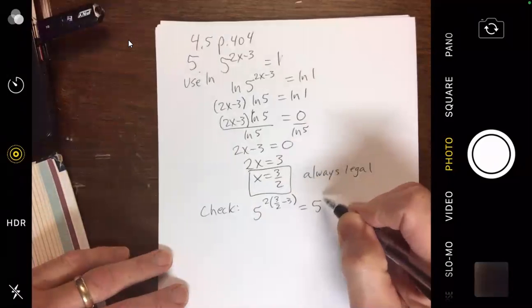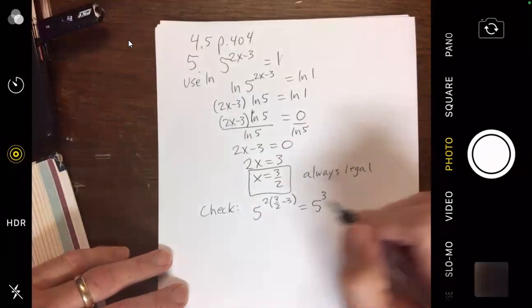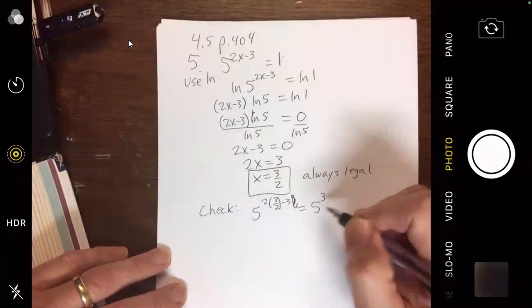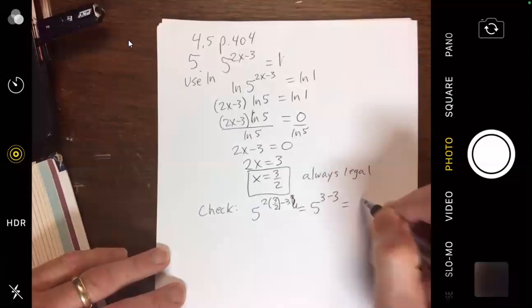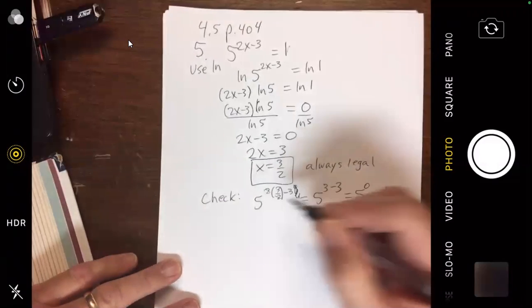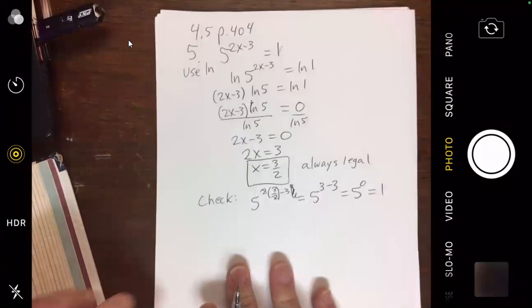I'm sorry, it's not distributed. It's 2 times 3/2 minus 3. So it's 5 to the 3 minus 3, which is 5 to the 0, which is 1, because your 2's cancel. 3 minus 3 is 0, and 0 power is always 1.